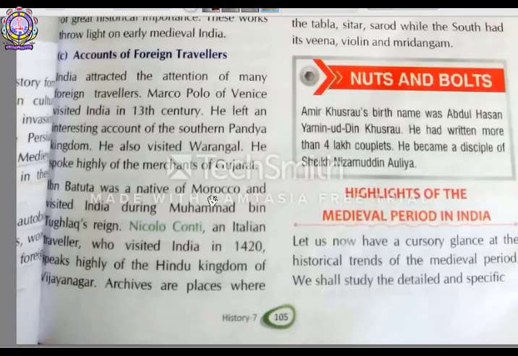His country was Morocco. Niccolo Conti, an Italian traveller who visited India in 1420, speaks highly of the Hindu kingdom of Vijayanagar. In 1420, when Niccolo Conti came to India, he was an Italian traveller. He came from Italy. He wrote highly about the Hindu kingdom of Vijayanagar.